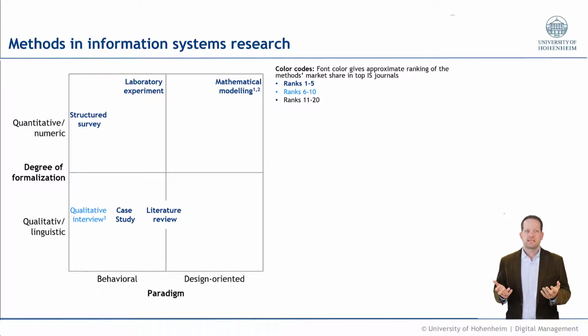So what we have next are qualitative interviews. These are semi-structured or in-depth interviews. They are a very common way to generate primary empirical data for qualitative analysis. Typically they are face-to-face. They might also be via video conference or via telephone or the like. But then the medium is not really the distinguishing feature between the qualitative interviews and the structured survey.